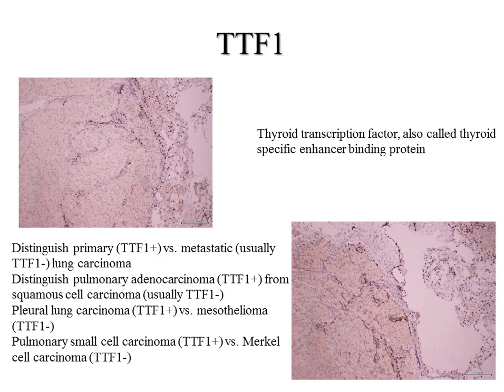It can help us to distinguish primary lung tumor from the metastatic one. And we can see that TTF1 was negative in the tumor mass, but positive in the surrounding lung tissue. So that is a metastatic tumor.